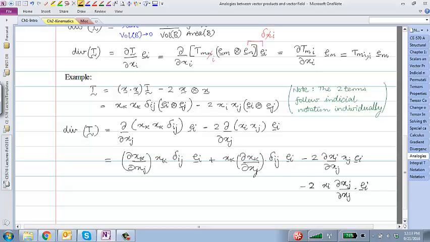Alright, let's take those partial derivatives now. What is the partial derivative of x_k with respect to x_j? Delta_kj. So that's delta_kj.